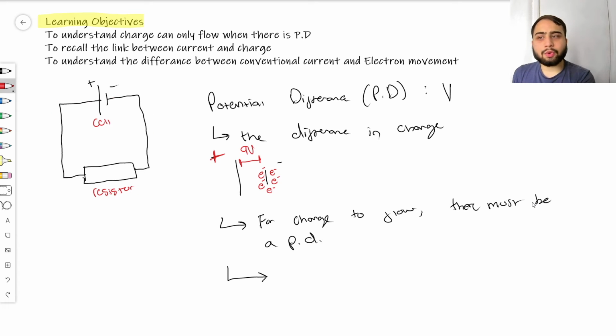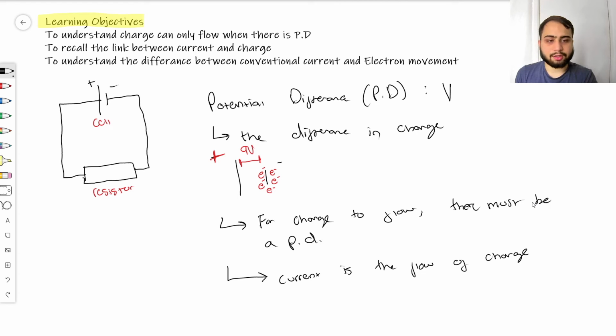Now, what's the link between current and charge? Well, current is the flow of charge. So when charge flows throughout the circuit here, we say that, oh, there's current in the circuit, right? Charge is flowing.